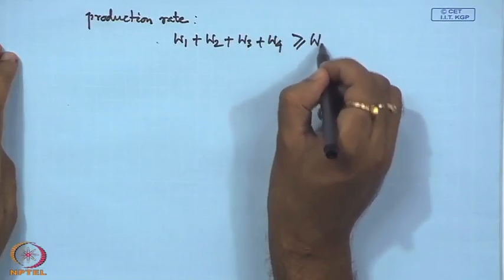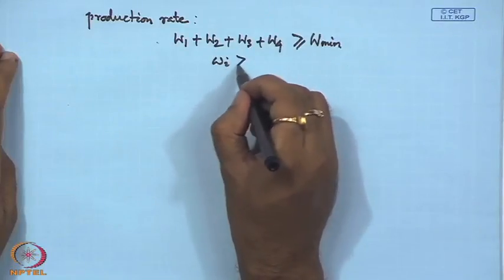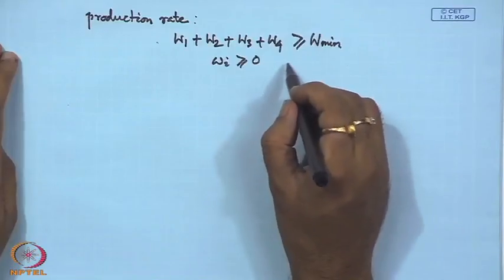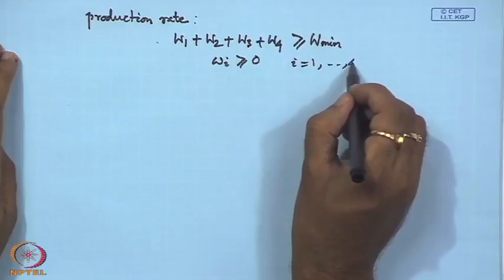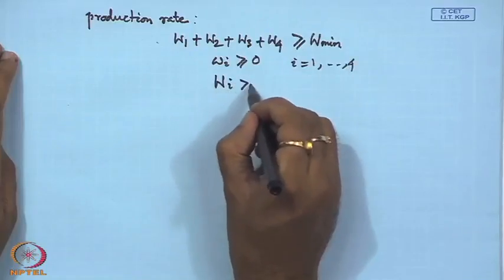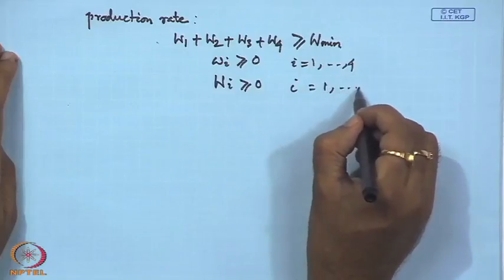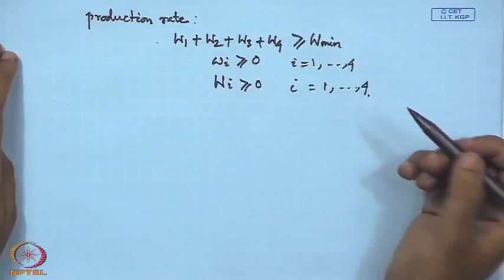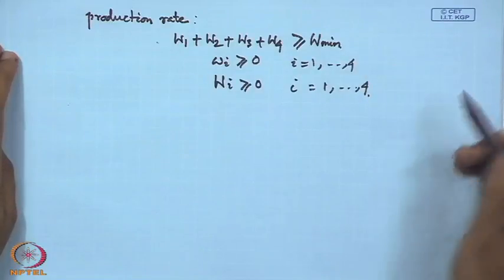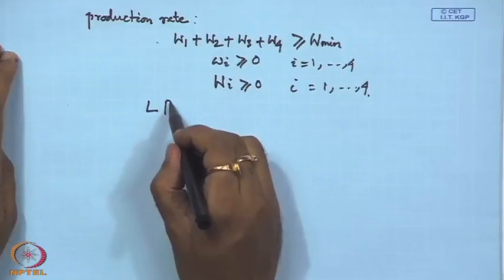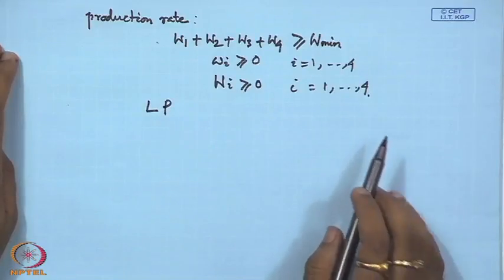This should be greater than W minimum, and small wi's should be greater than 0 for I equals 1 to 4, capital Wi greater than or equal to 0 for I 1 to 4. Again, all the objectives and constraints are linear in nature. So, we can directly solve it using a linear programming algorithm.